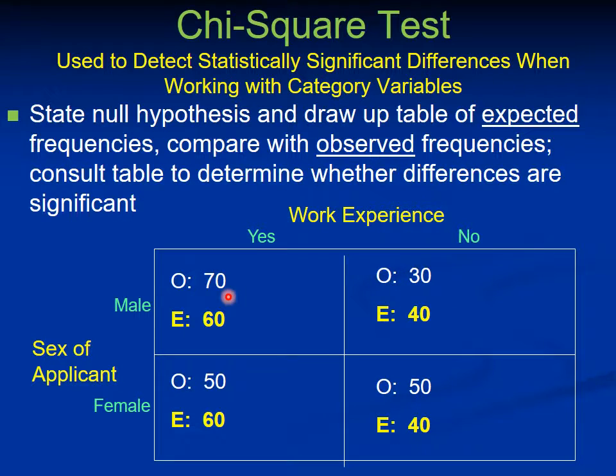We know if we have 70% that do have work experience, that the answer of what percentage don't have work experience has to be 30, right? This proportion is no longer free to vary once we know this, right? Because there are only two choices. They have to add up to 100%, right? So if you only have two choices, right, you only have one value that's free to vary. This one can vary. Once this one is set, this one has to be the same, okay?